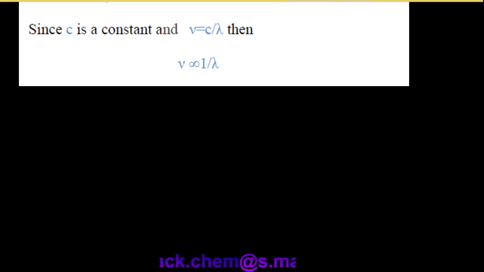What this means is a high frequency should be equal to a short wavelength, and a low frequency should be equal to a long wavelength. That is, as one entity increases, the other decreases. We'll talk about this a little more later on.